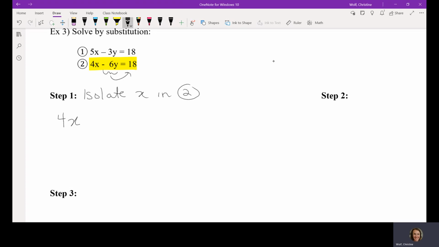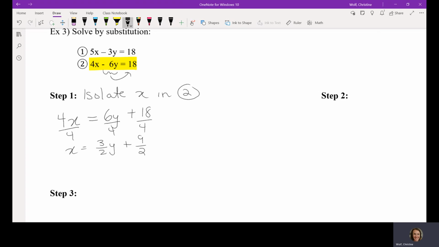So I have 4x, and on the right-hand side, the -6y became positive y plus 18. Okay. Divide off by 4, divide off by 4, divide off by 4. x equals 3 over 2y plus, and here I can divide by 2, 9 over 2.